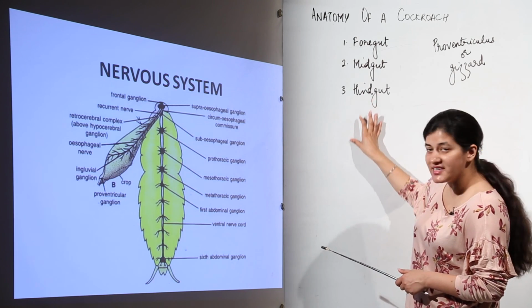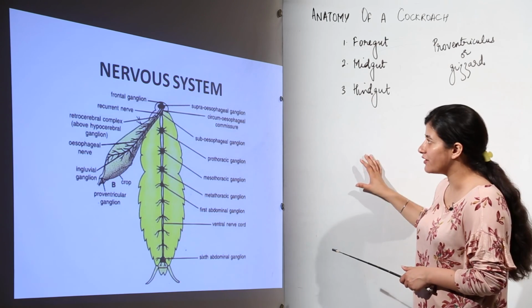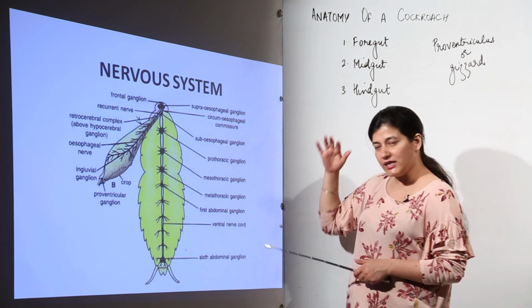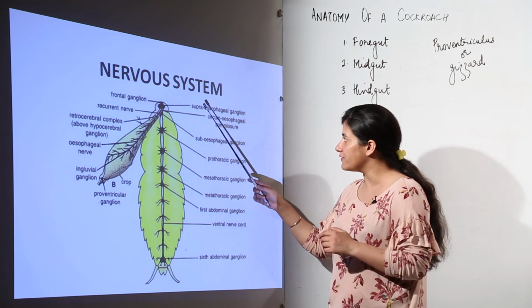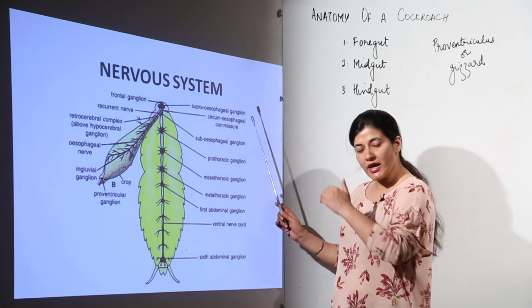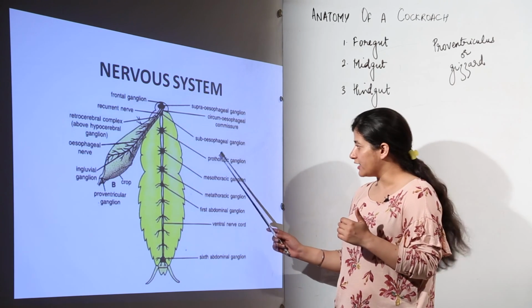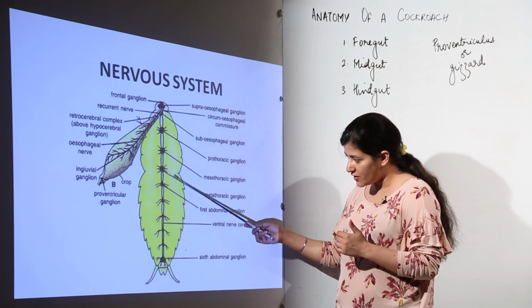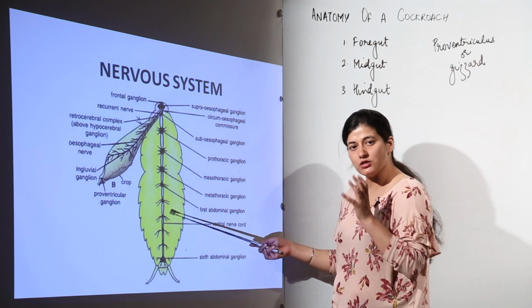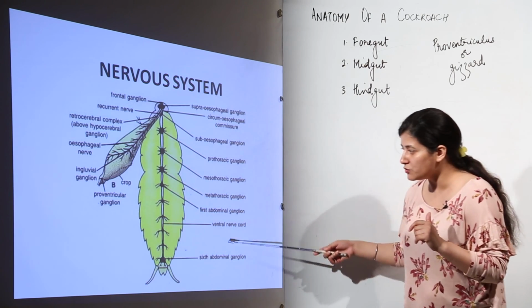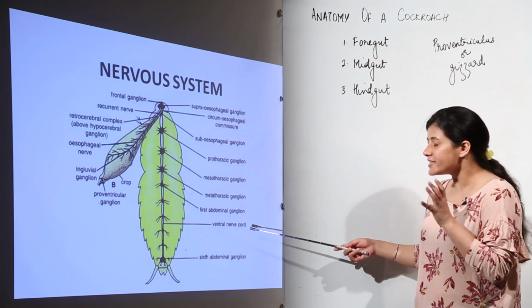So whatever part lies anterior to it in the nervous system would be the supraesophageal ganglion. Once the esophagus has been crossed, we have the subesophageal ganglion. The rest of the ganglions would be named as per the segment.